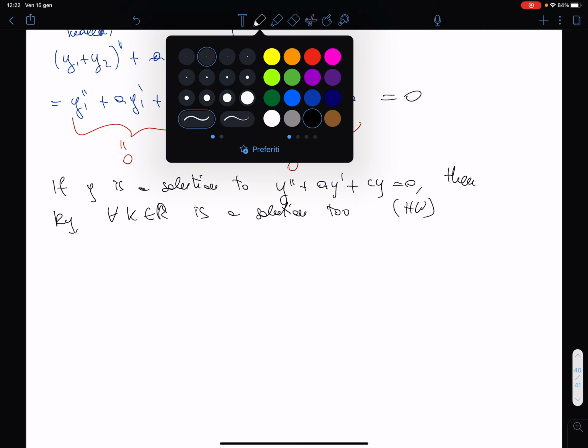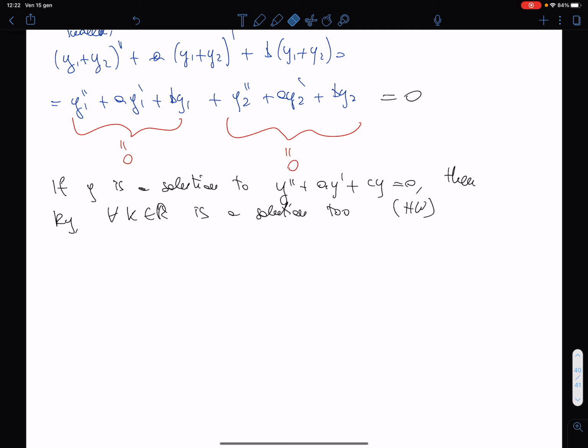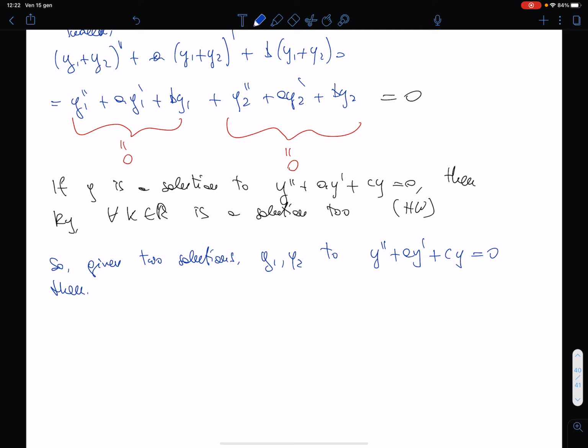So, generally speaking, given two solutions y1 and y2 to the usual equation we are studying, then every linear combination of the two solutions, start getting familiar with this idea of linear combination, so y equal to lambda y1 plus mu y2 for every lambda, mu real, is a solution too.